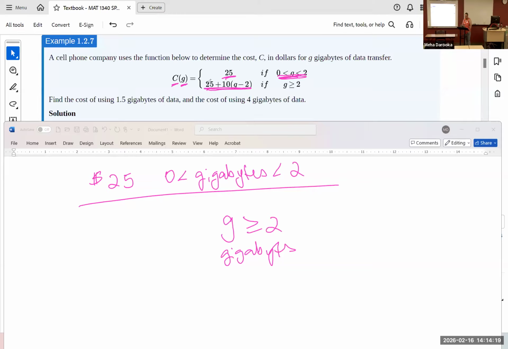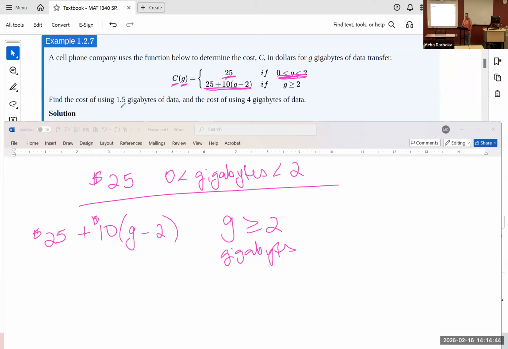So since you're already paying $25 for that fixed fee, you are taking 2 gigabytes out of your total usage. You're doing G minus 2, and then it's going to be $10 per gigabyte used. So that's how they are breaking this down. So you're doing your $25 fixed fee plus $10 times G minus 2.